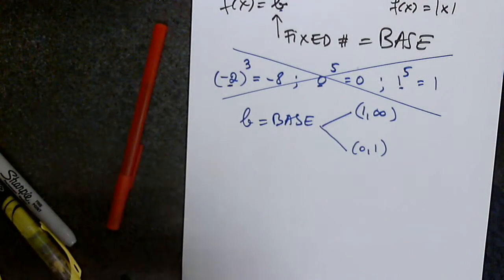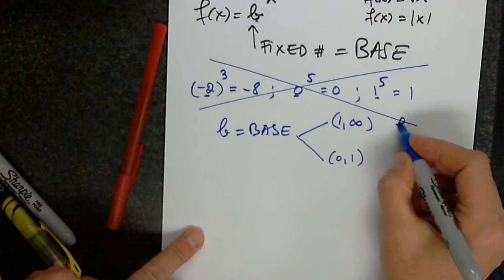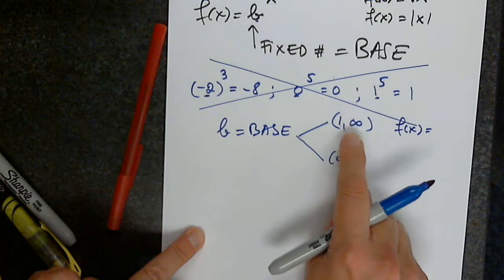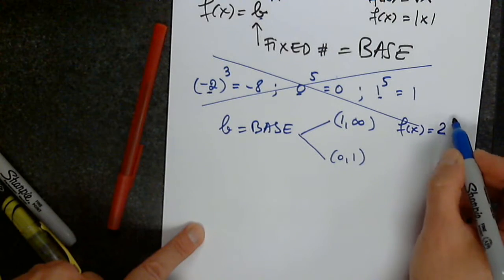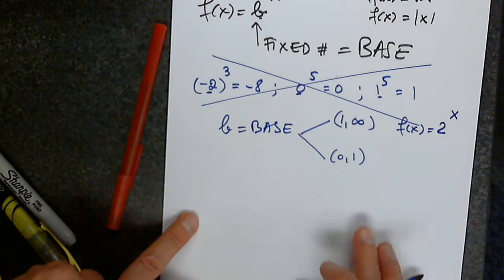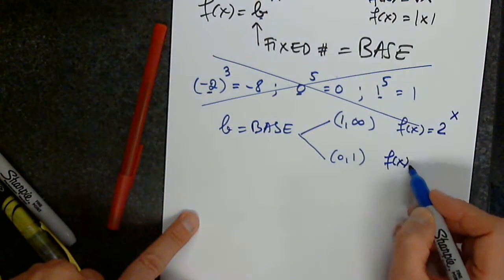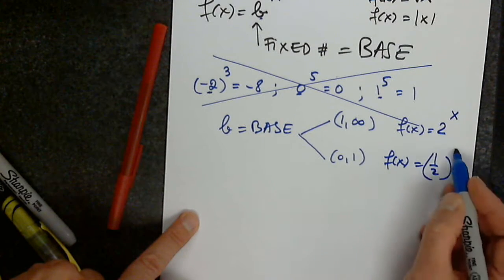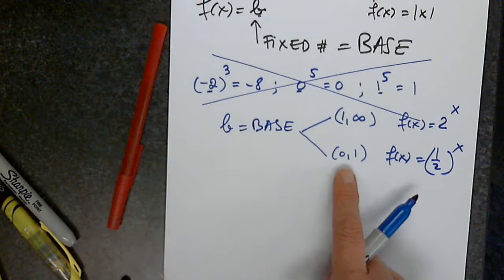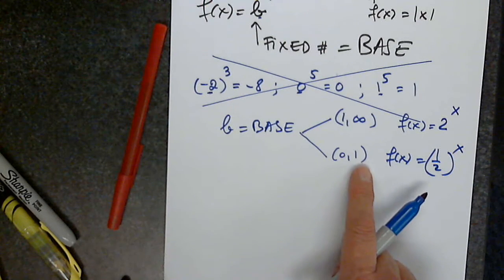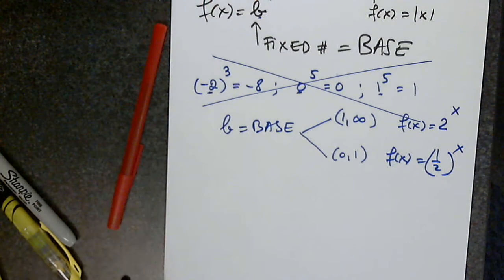One example would be f of x, where b is greater than 1, let's say 2 to the x. And here, f of x will be 1/2 raised to the x. Here the base is greater than 1. Here the base is a number between 0 and 1. Any questions so far?